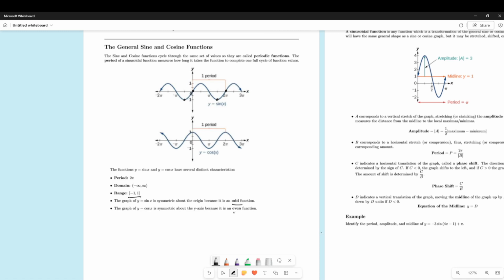Being an odd or even function does come up quite a bit, particularly as you get into some of the calculus work, taking advantage of the fact that sine and cosine, and actually all the trigonometric functions, are either even or odd. If you need to review that, go look up odd and even functions, but the short version is that sine is odd, so is tangent, frankly, because one side, left and right, looks like the other side.